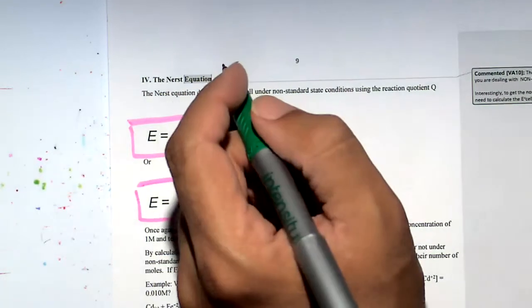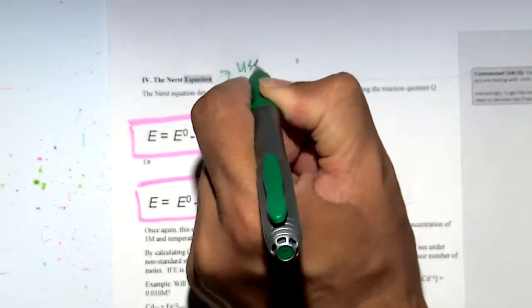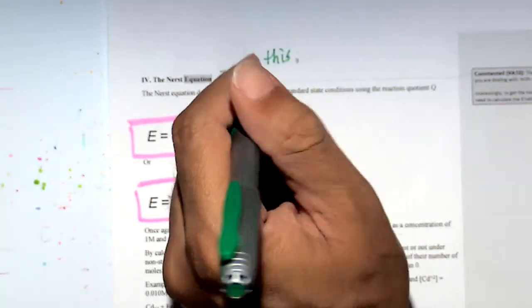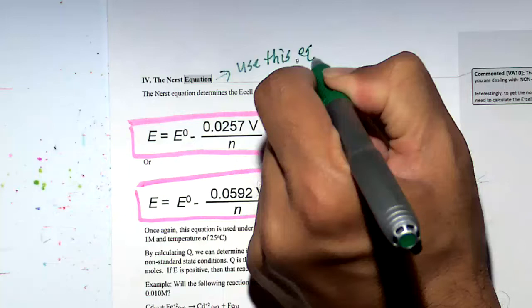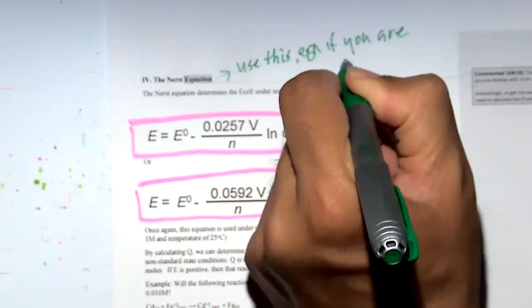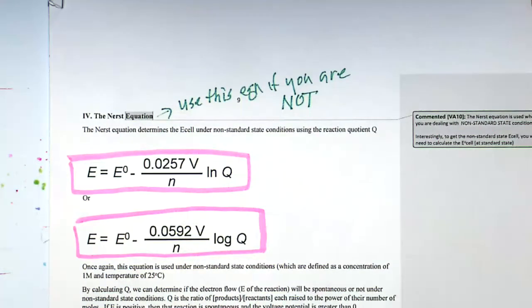The Nernst equation is for non-standard state conditions. So you're going to use this equation if you're not at standard state. So what is standard state?